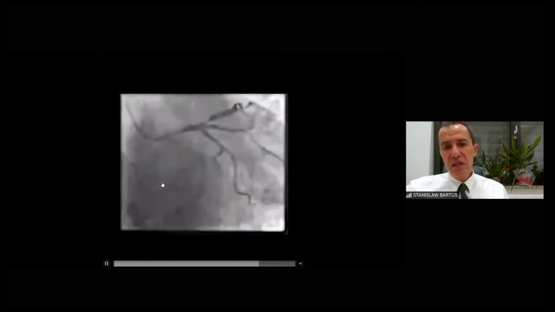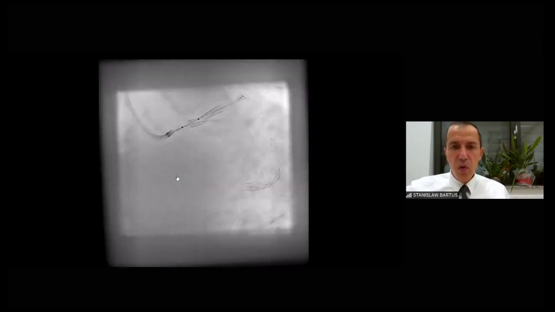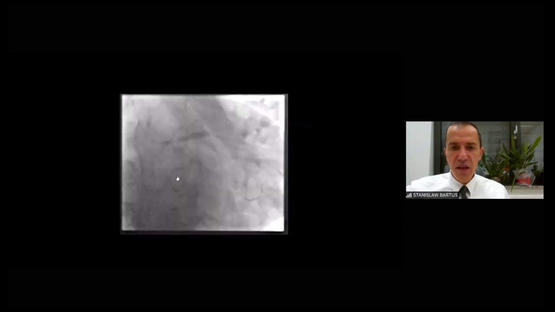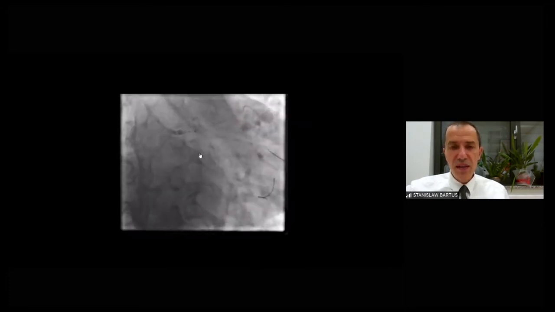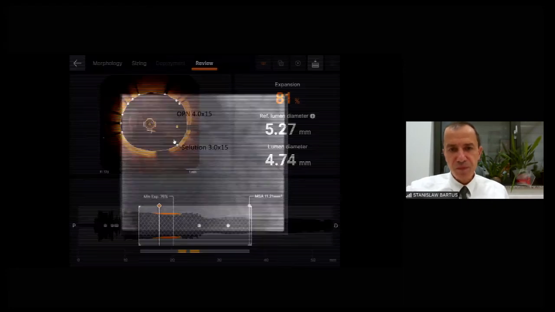So this is the stenting procedure with the stent, and then we did a kissing. We did a POT first, and then we did a kissing, and the kissing was done with the sirolimus-eluting balloon, and the post-dilatation of the LAD was done with a high-pressure balloon at 30 atmospheres.